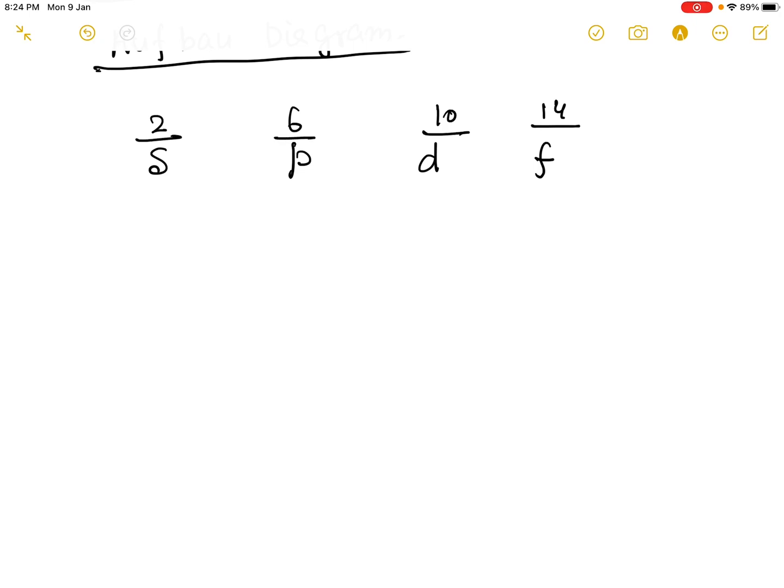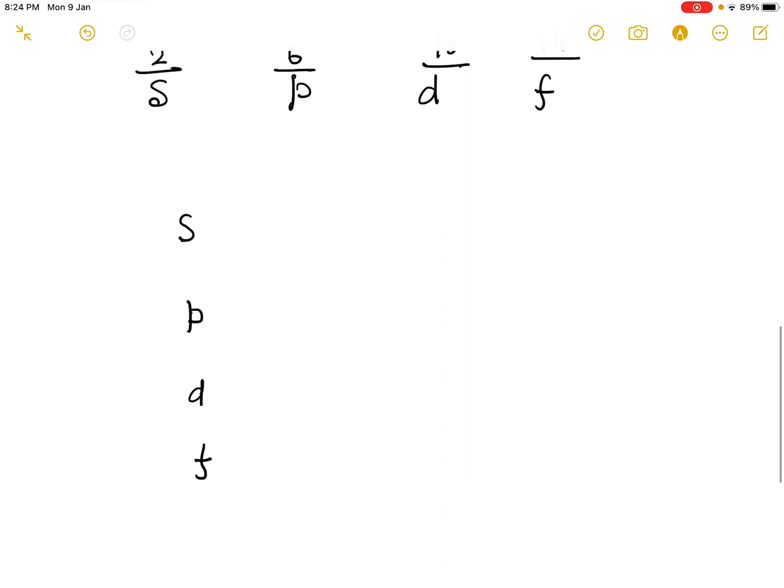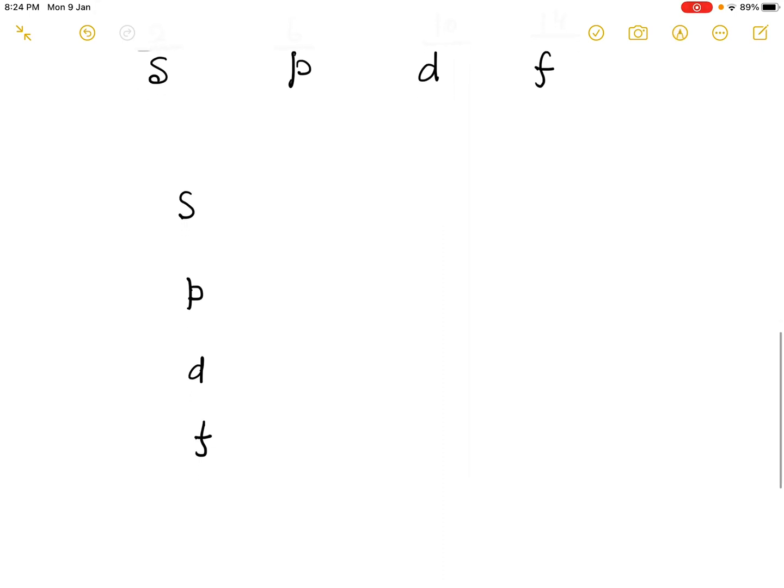Now we write it in this way, that first S, P, D, F. This is the simple trick to determine the electronic configuration of an element. How we determine that? First we write S, P, D, F in this manner, and here we write 1, 2, 3, 4.